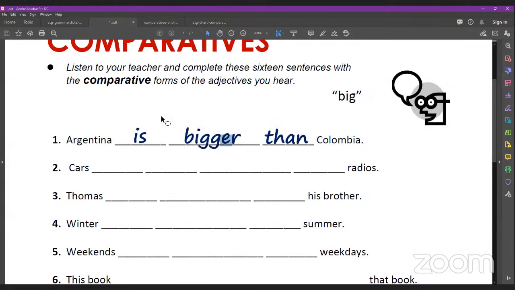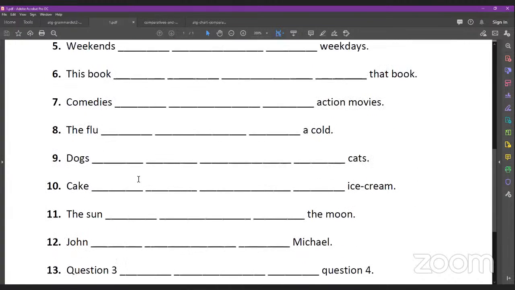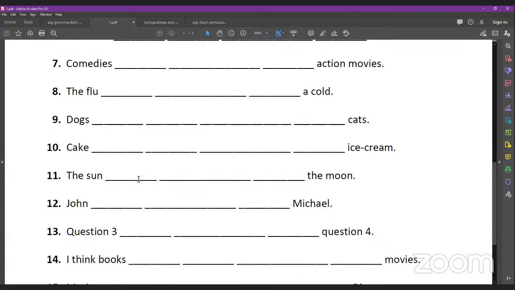Well, in this activity, guys, we're going to use the comparative of adjectives, short adjective, long adjective, or irregular adjective. It's up to you. There are 16 exercises.